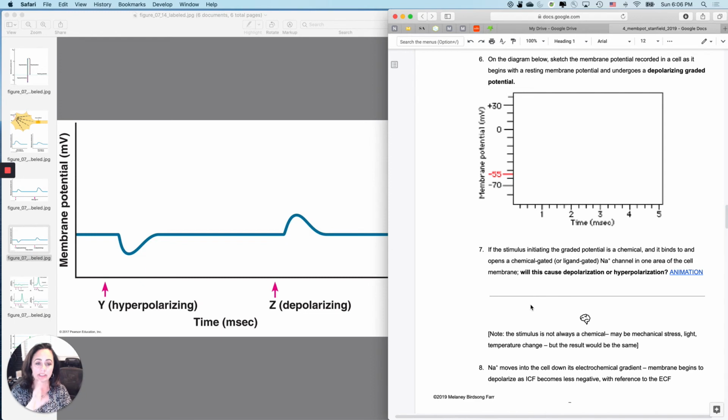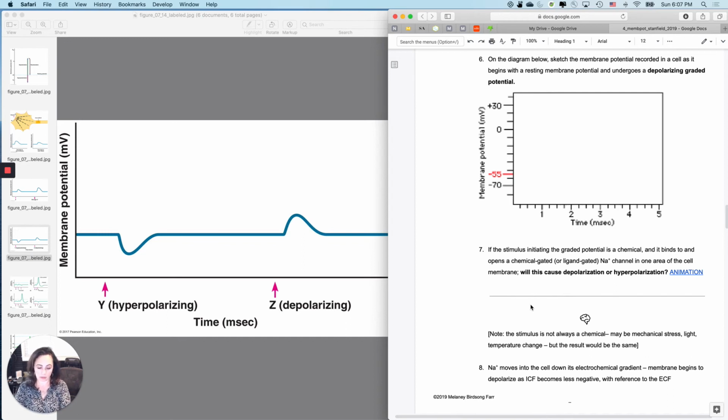If the stimulus that is initiating the graded potential is a chemical, and it's a whole bunch of chemical, let's say a neurotransmitter like acetylcholine, and it binds to and opens a chemical or ligand-gated sodium channel, will it cause depolarization or hyperpolarization?